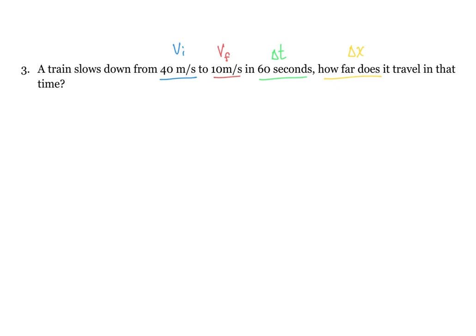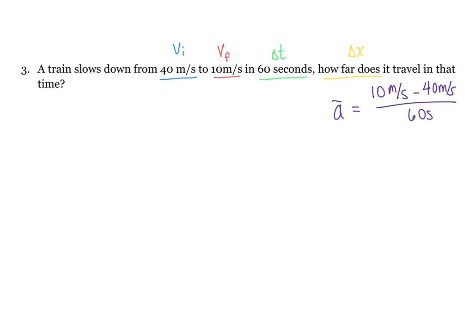All right, so before I can calculate my displacement or my distance, I'm going to have to calculate that acceleration. All right, so acceleration, I'm going to say my final minus my initial over my time.